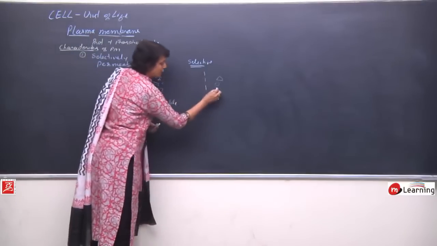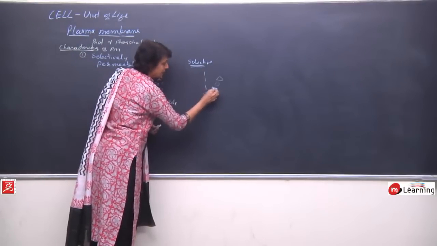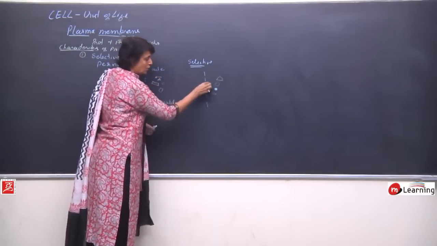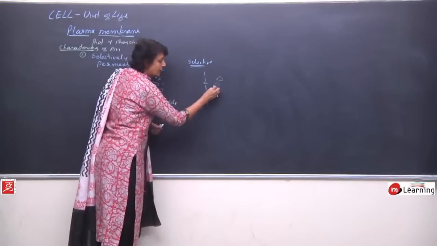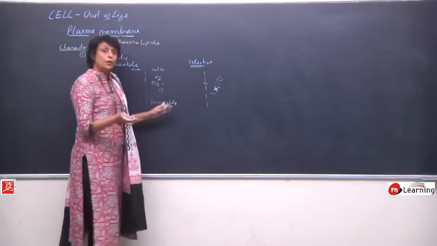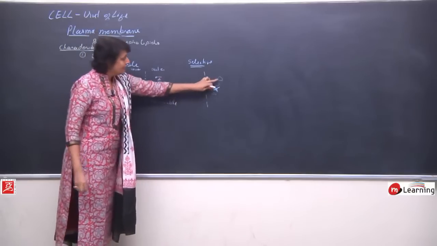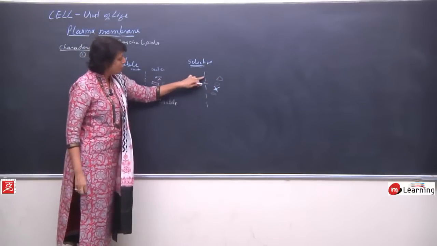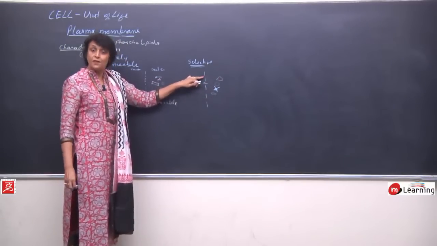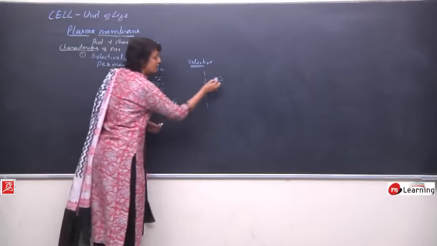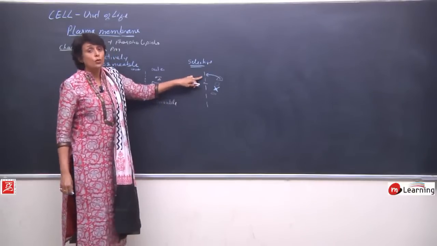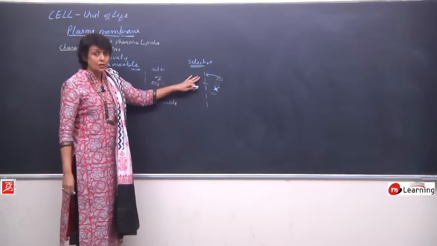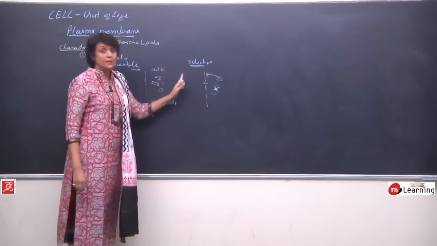Say for example, we are talking about this particle. It is smaller, that means it can cross this pore. But if it is not required by the cell, it will not go in. This is a big particle. It cannot cross this opening, but if it is required by the cell, it will still go in, may not go through the pore, but may go through other processes like endocytosis, but it will be taken.